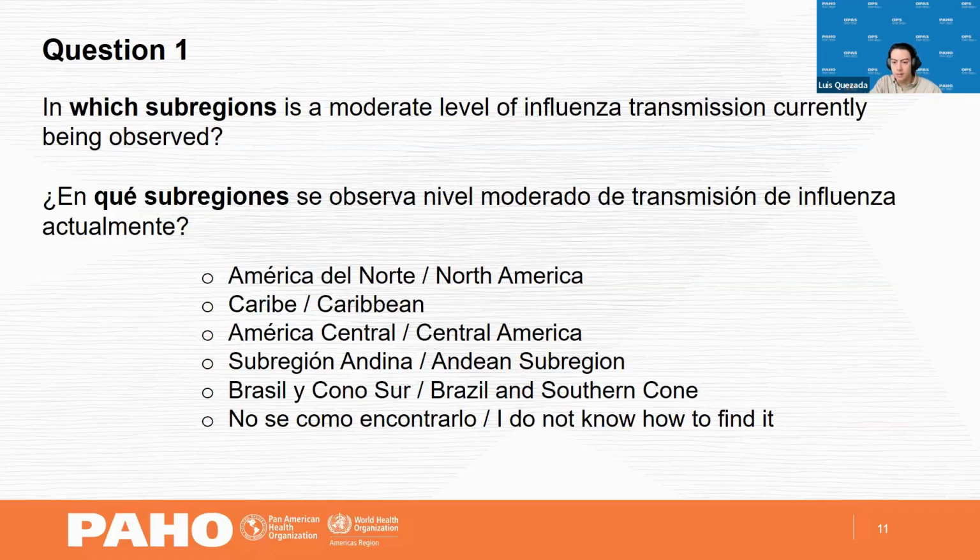We have graphs that let us see what the situation is currently. We can see analysis at the level of a country, and we need to see what subchart or chart as such we can use for determining which region has a moderate rate of transmission at the moment.